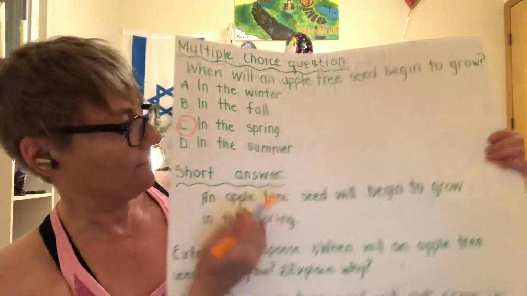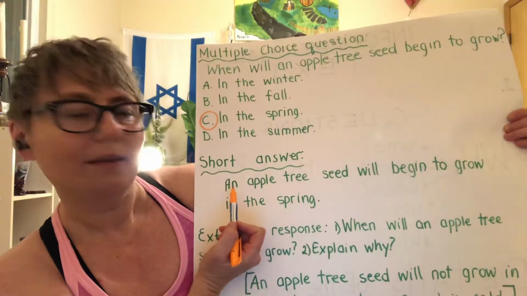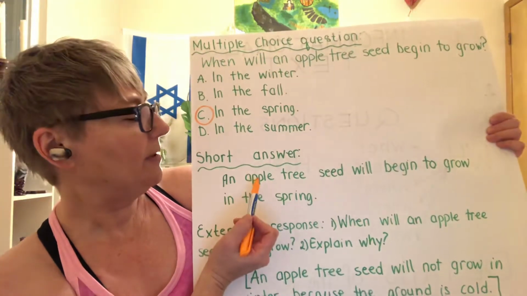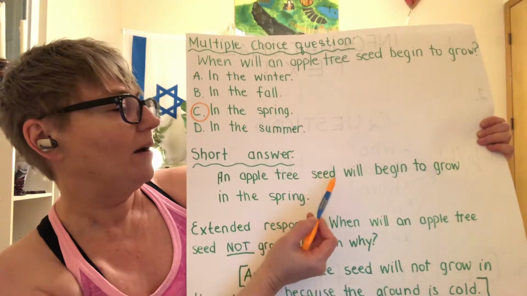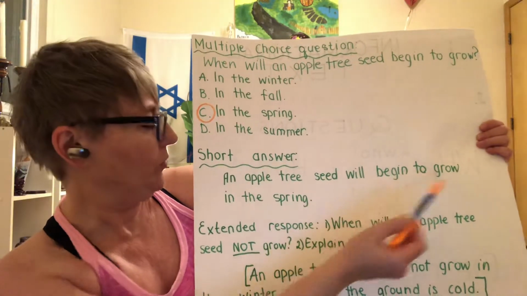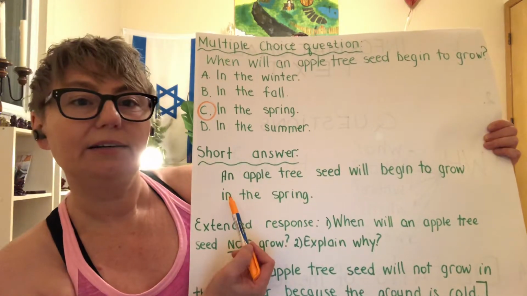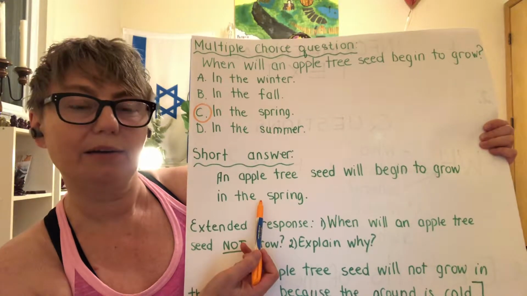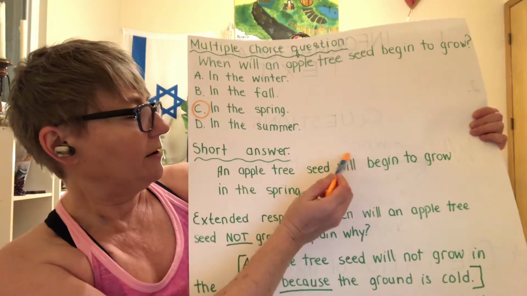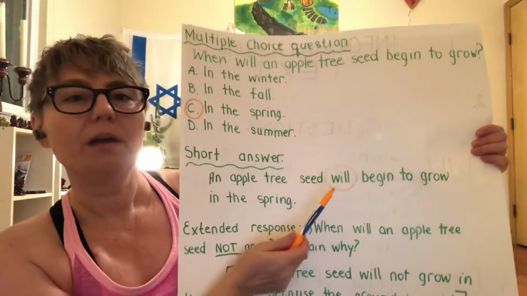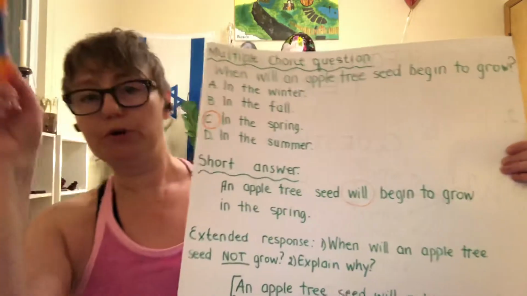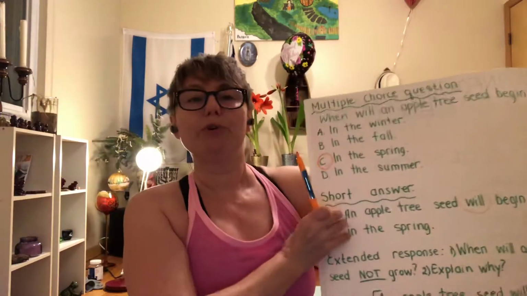Now you do it. An apple tree seed will begin to grow in the spring. The word will refers to the future. Very well.